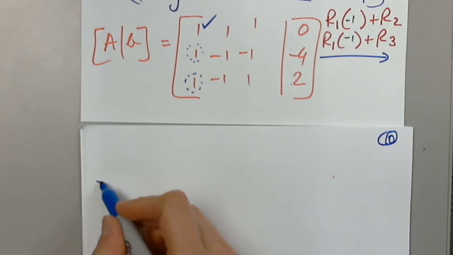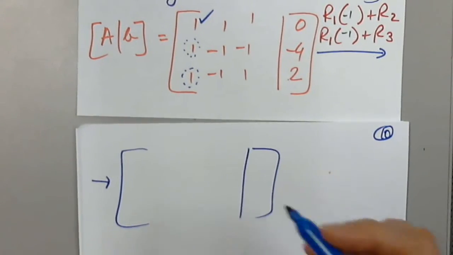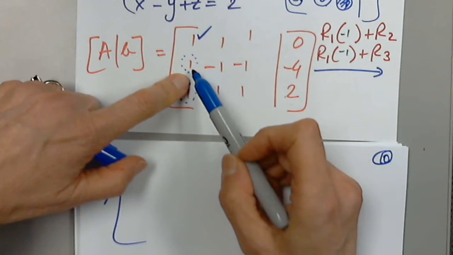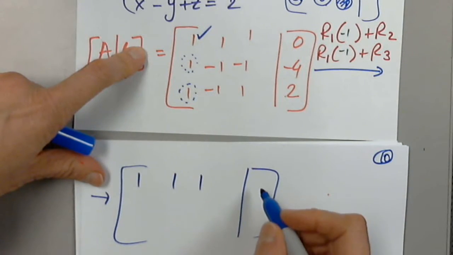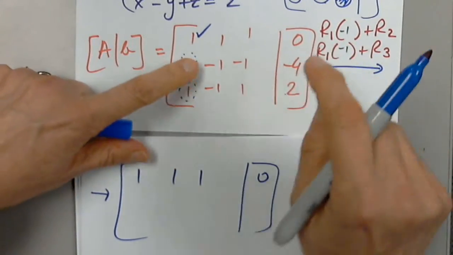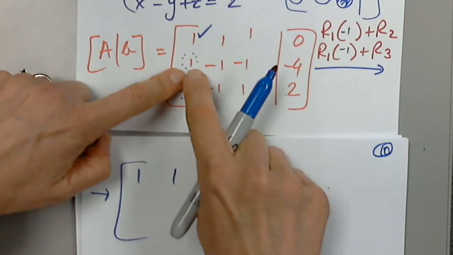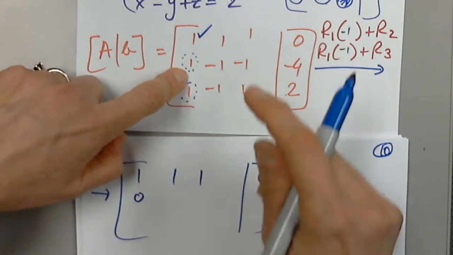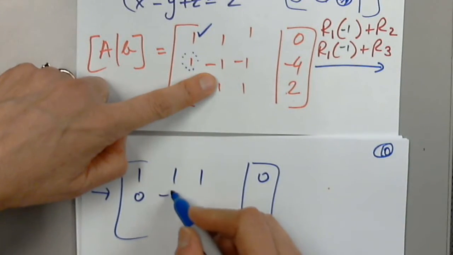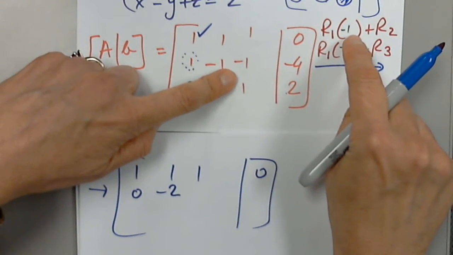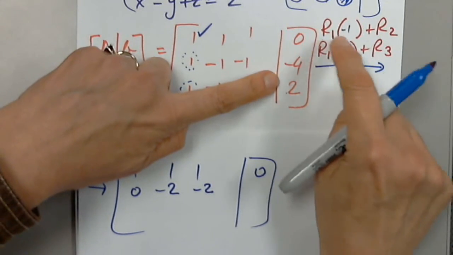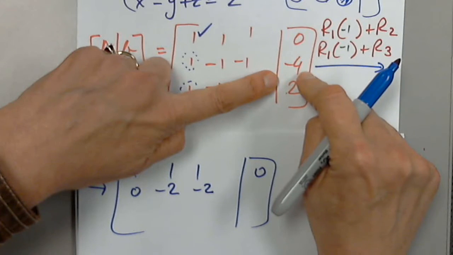Okay. So, ready? 1 times -1 plus, oh, I'm sorry, I have to copy the row I'm using. This row will not change because I'm using it. 1 times -1 plus 1. 1 times -1 minus 1. 1 times -1 minus 1. 0 times -1 minus 4.